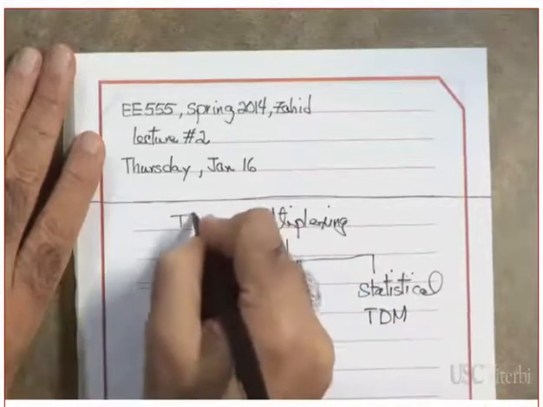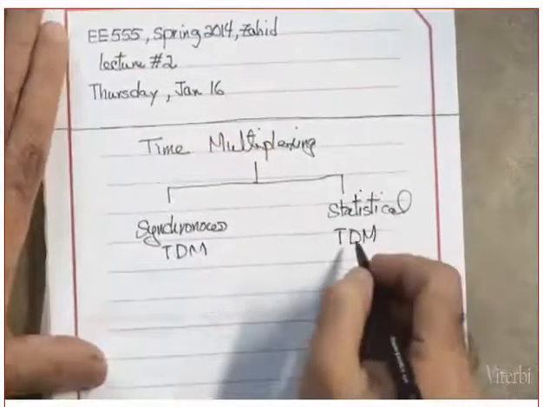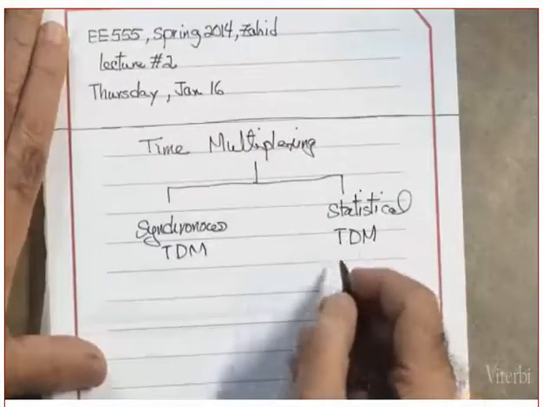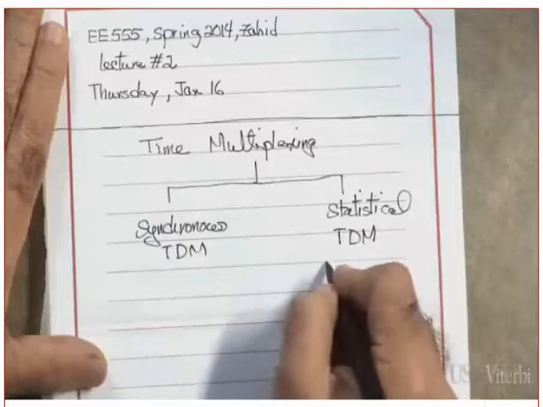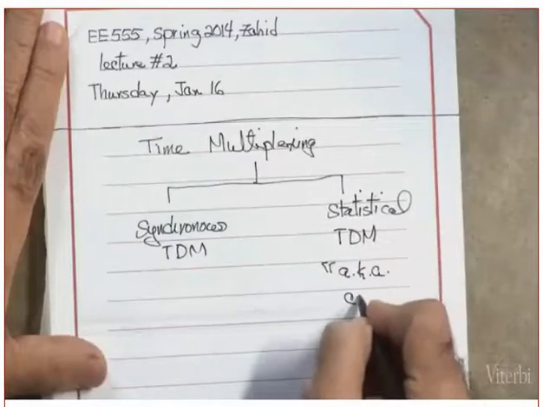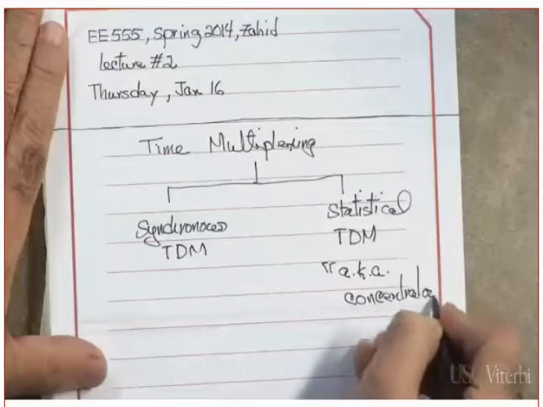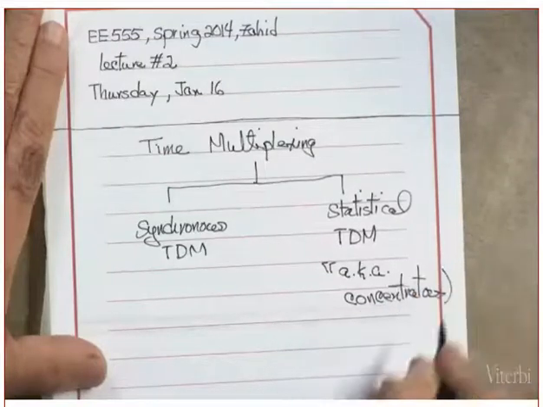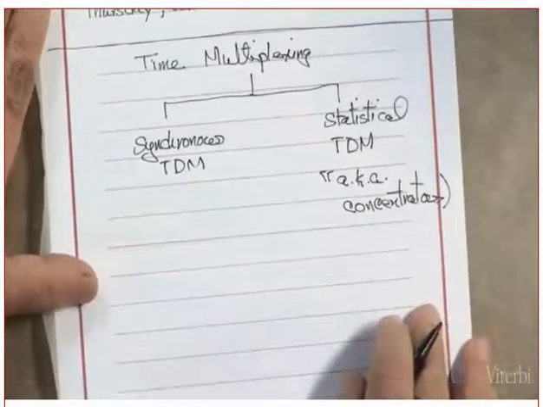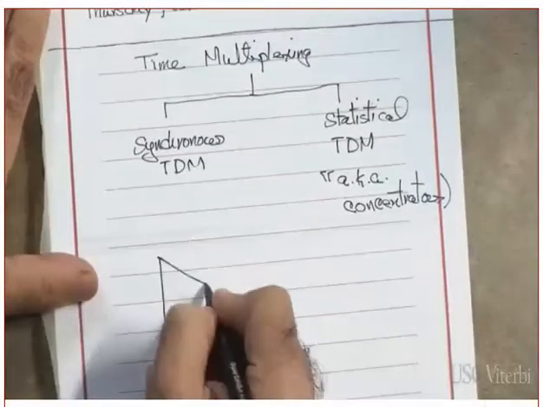Time multiplexing is the one that is most widely used for digital transmission. Statistical TDM, also known as concentrator. Does this ring a bell or not? Yes? Let's see if you can tell me what is the difference.